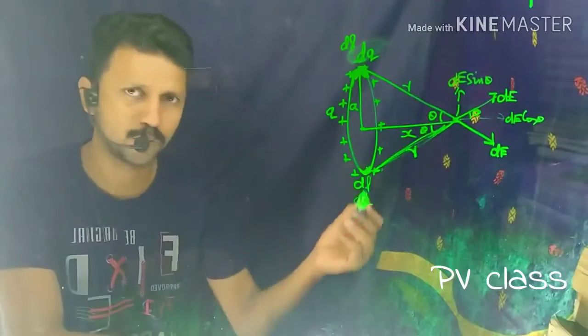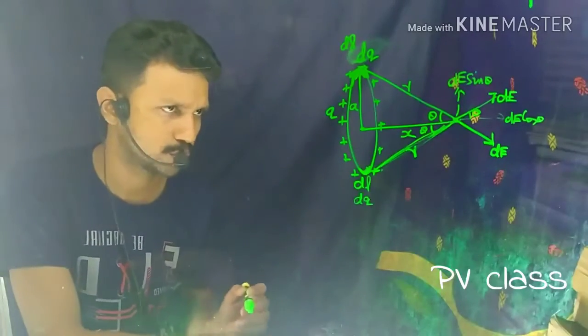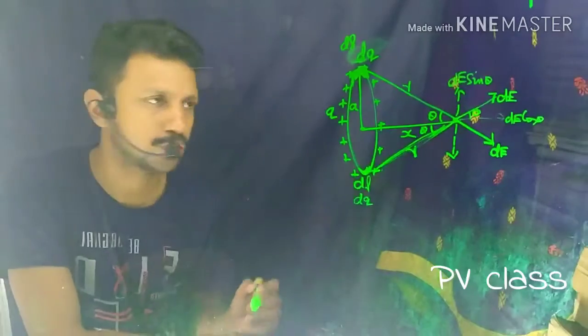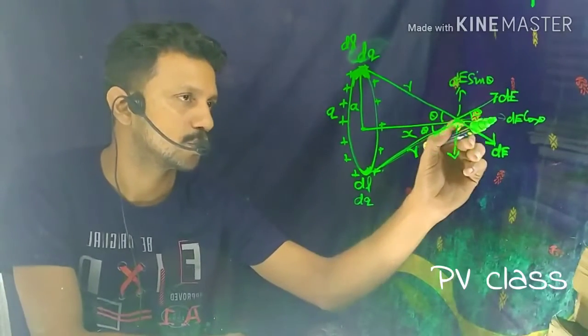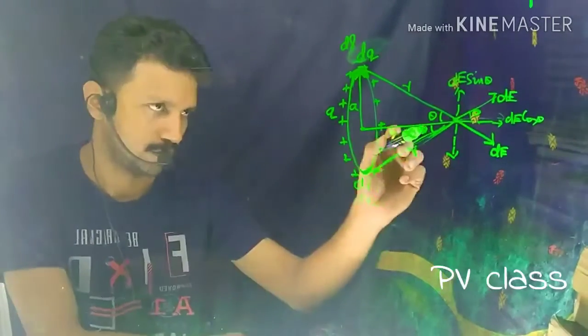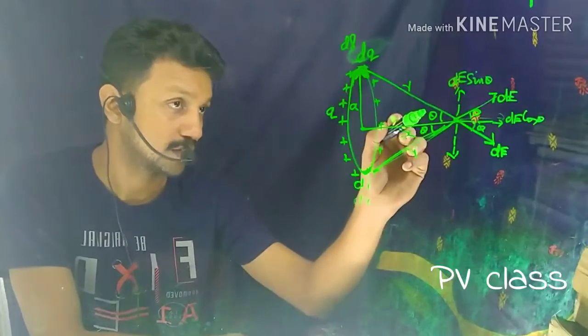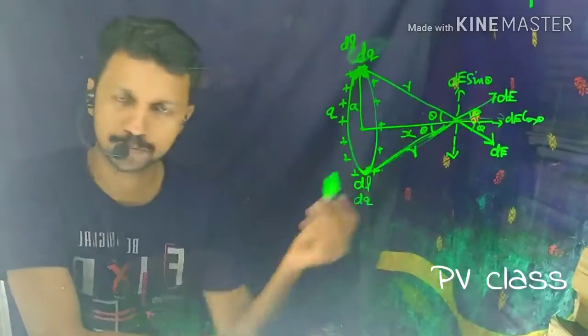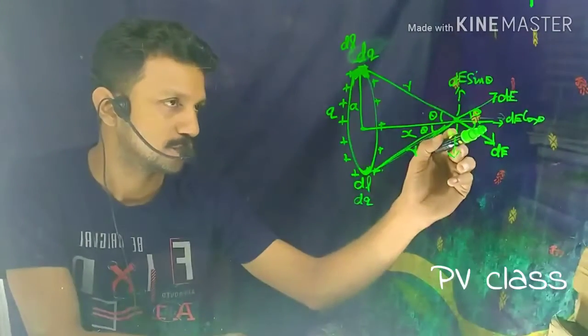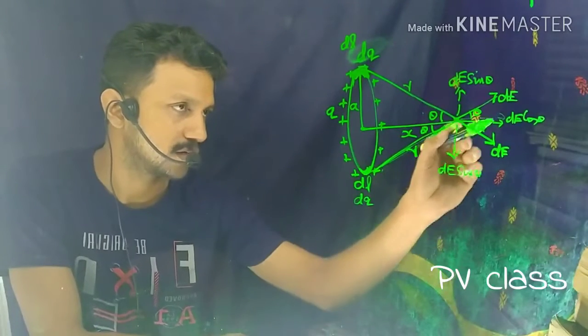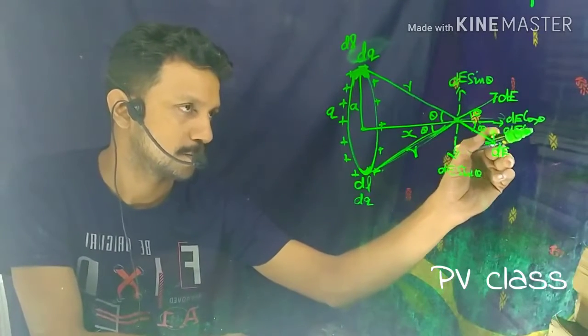Likewise, we could resolve this lower dE also. The lower dE is resolved into one vertical component and one horizontal component. If this angle is theta, I could say this angle is theta, opposite angles. Therefore, if this is theta, this will be dE sin theta, and this will be dE cos theta.